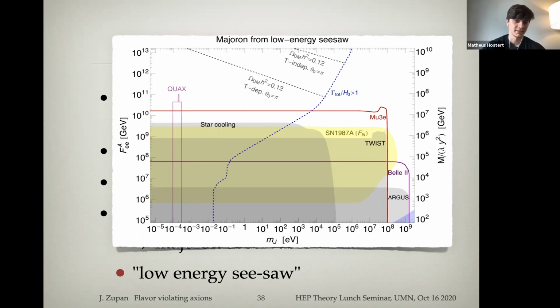Yeah, there's a Belle tau to mu a search, which will become relevant here. There's an ARGUS tau to mu a, tau to e a search, which is here. The neutrino masses are completely suppressed here.